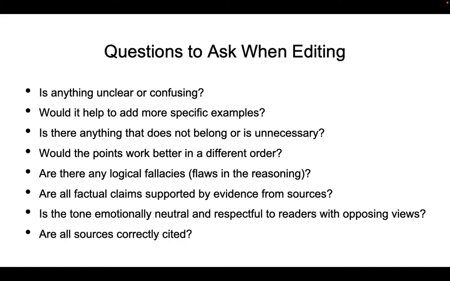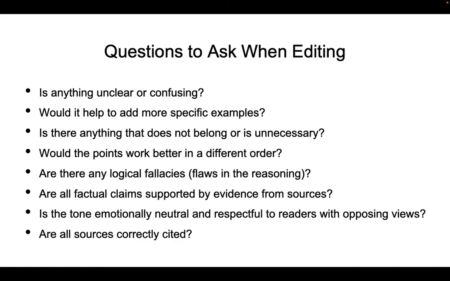Are there any logical fallacies or flaws in the reasoning? Try to find places where you have made assumptions or ignored possibilities, and use stronger reasoning. Are all factual claims supported by evidence from sources? If you make any claims without backing them up, add cited information to support it.